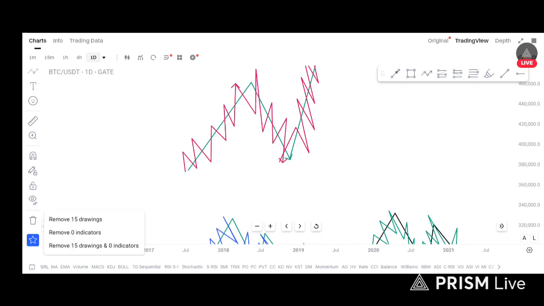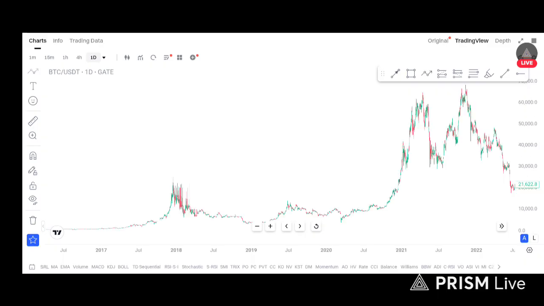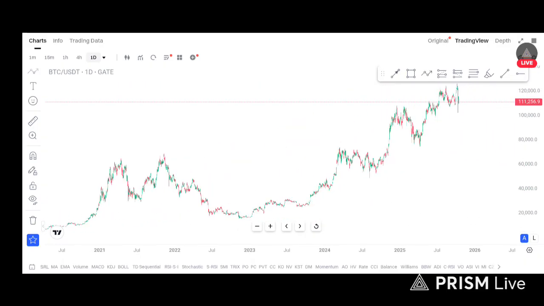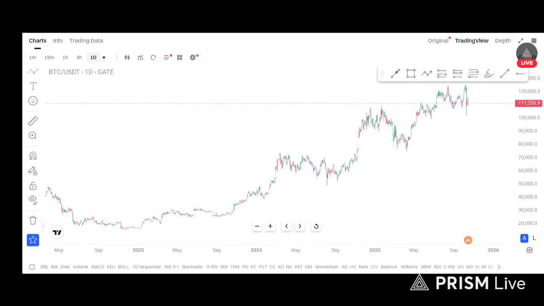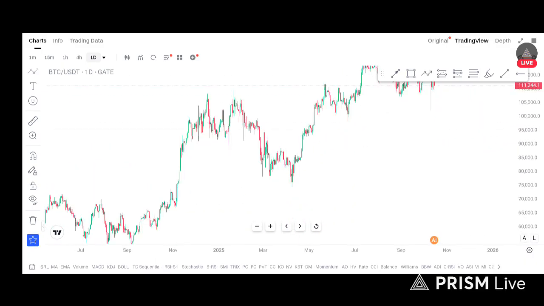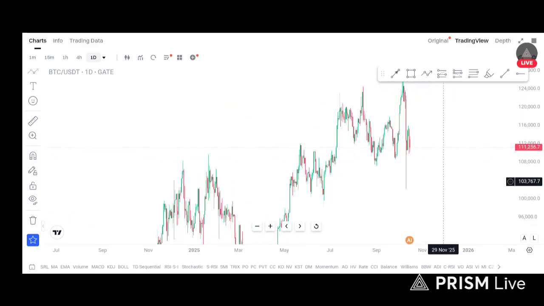So let's clear this whole thing. I'll move to the chart to see what we have been talking about. Now let's mark out a structure here. Can you see that this is in an uptrend?